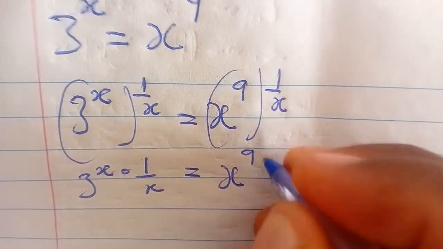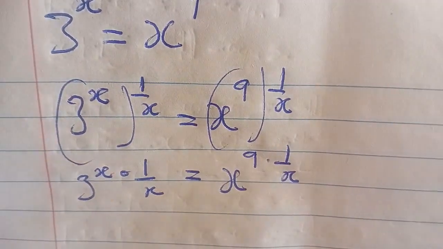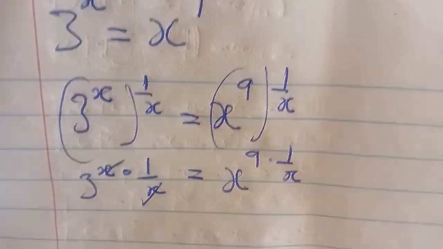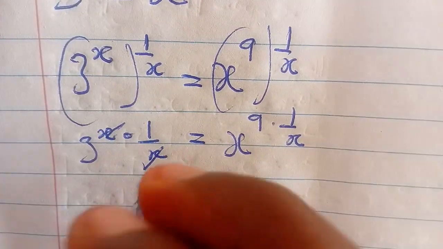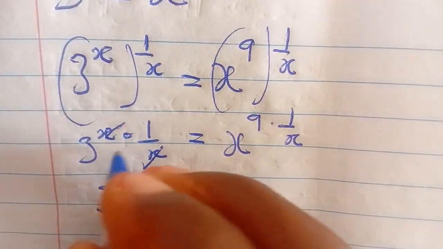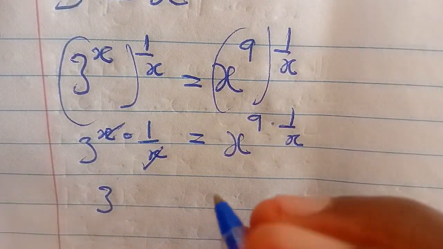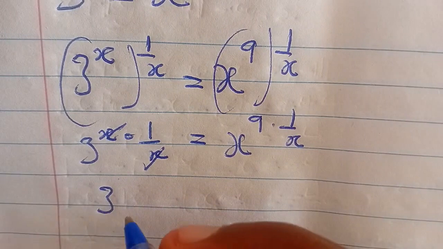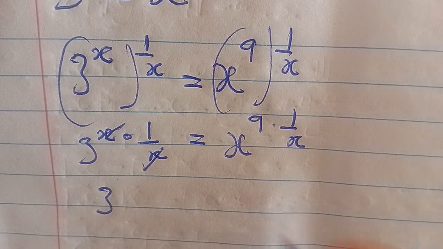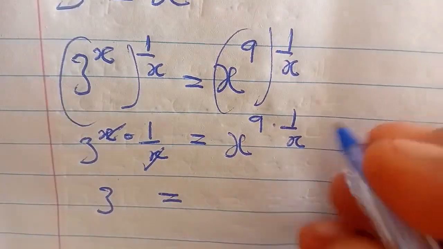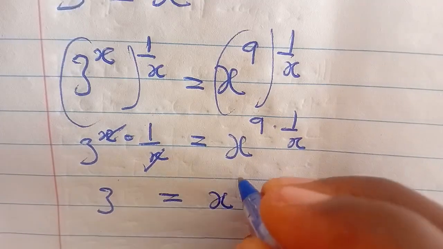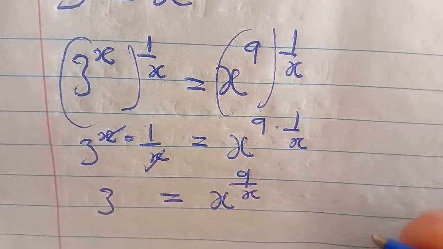This x cancels this x, so you're going to have 3 exponent 1. You can write 3 exponent 1 or you can leave it, because 3 exponent 1 is the same as 3. It's equal to x exponent 9 over x.